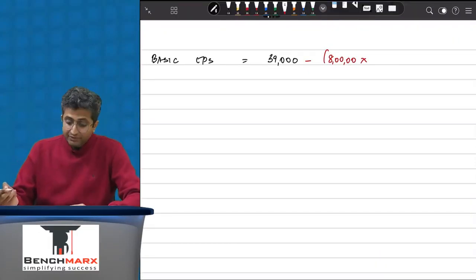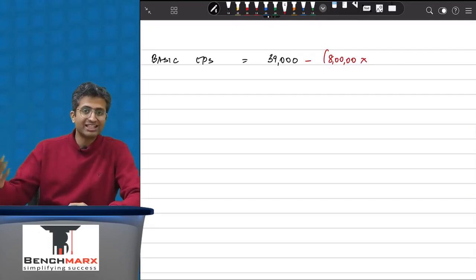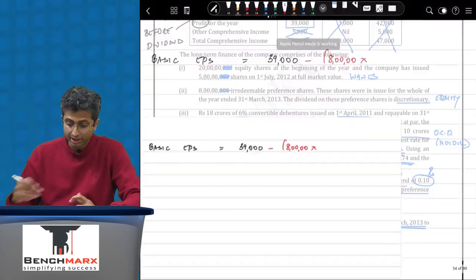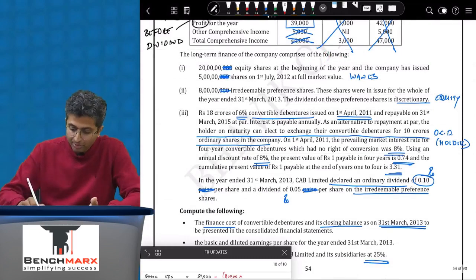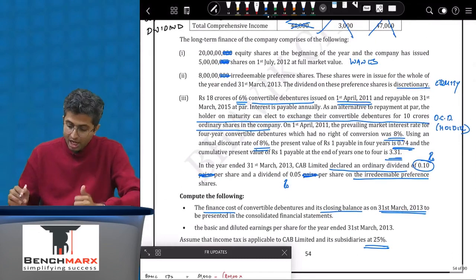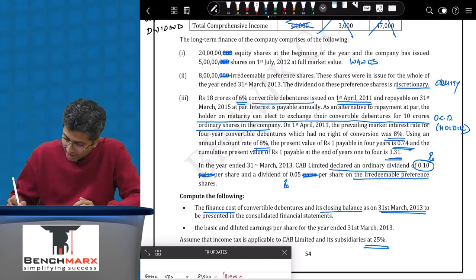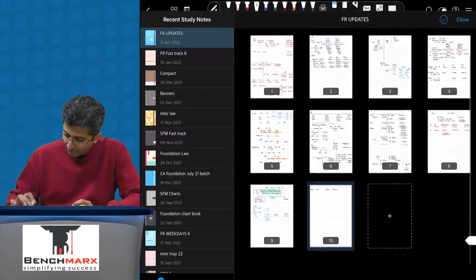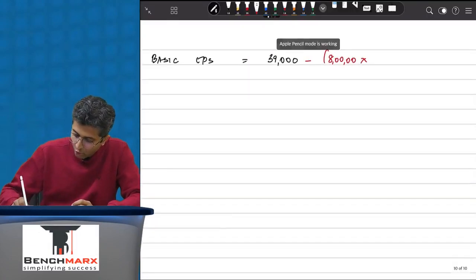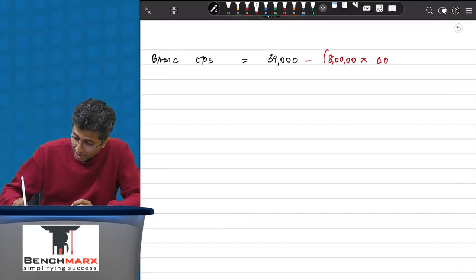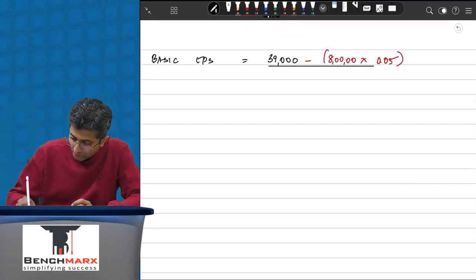The preference dividend would be taken directly into the retained earnings. However, if you want to find the profit attributable to the ordinary shareholders, then preference dividend has to be subtracted. So the preference dividend over here will be 5 paise, or 0.05.